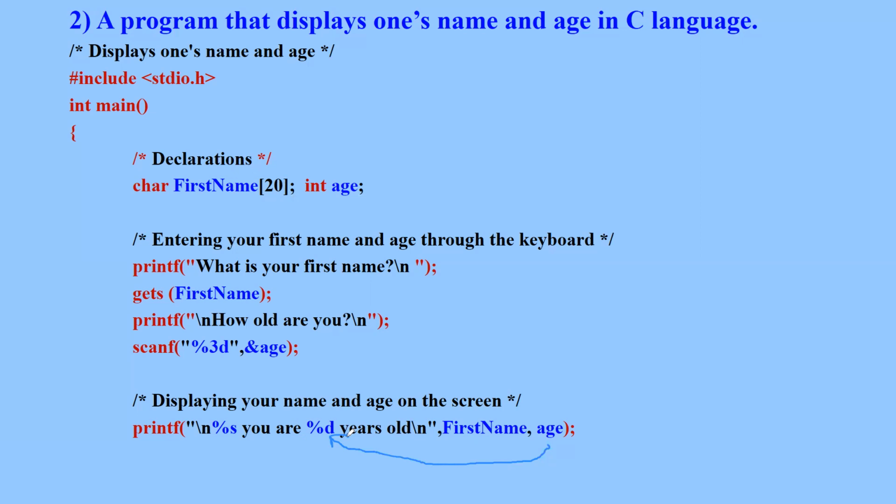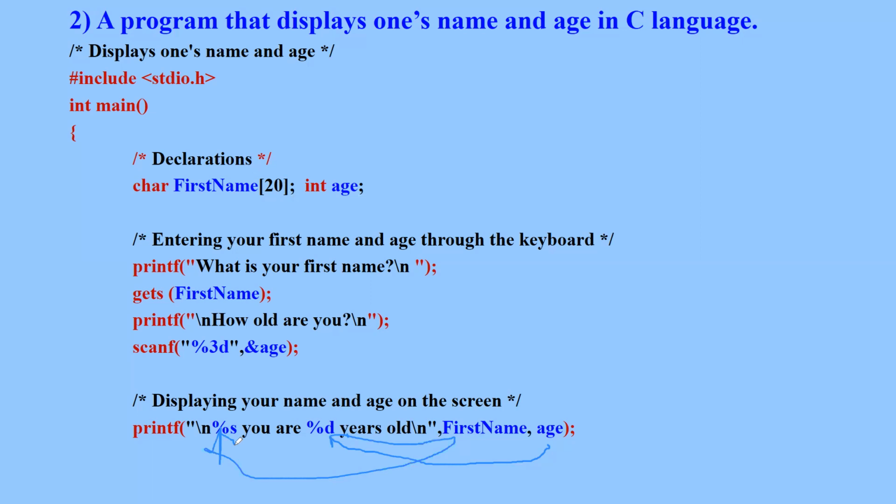So this statement will read as follows. If you enter the name Julius as first name and age 20, then the statement will be displayed on the screen as: Julius, you are 20 years old.